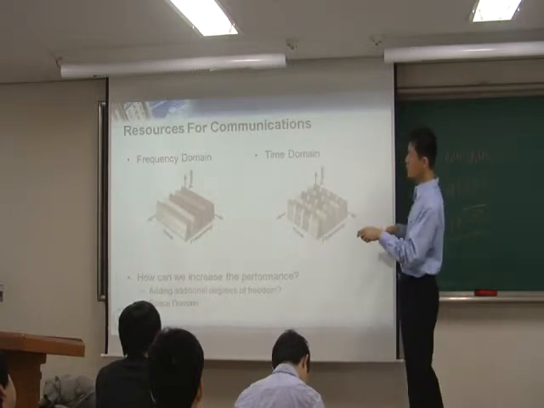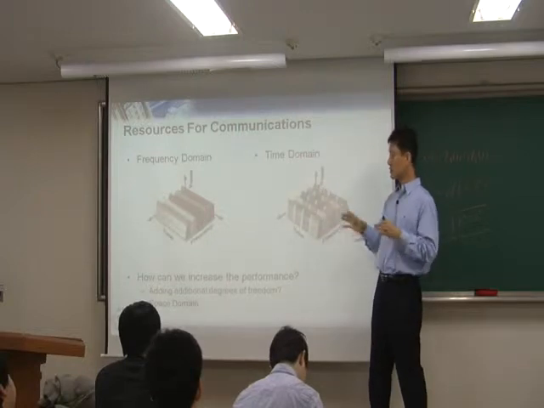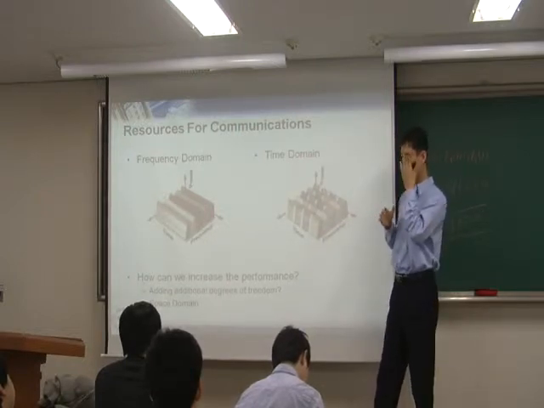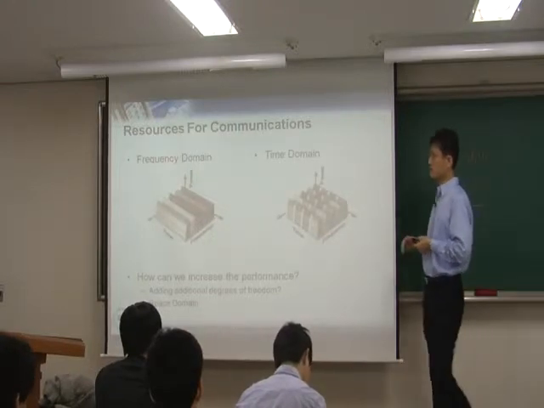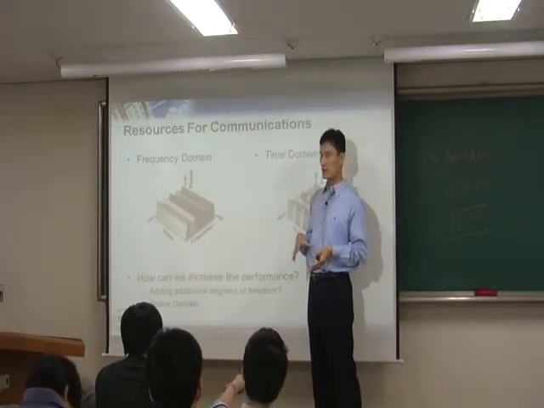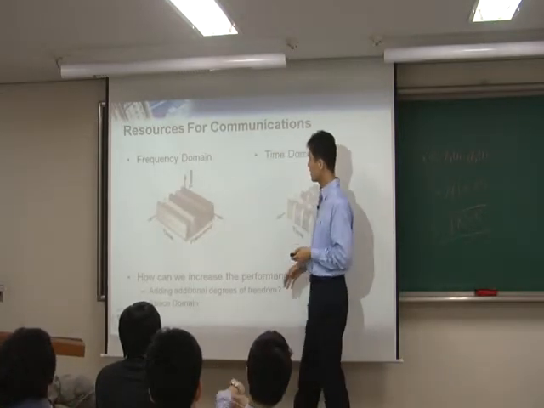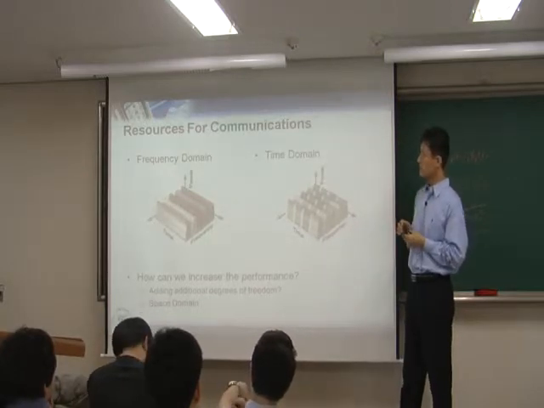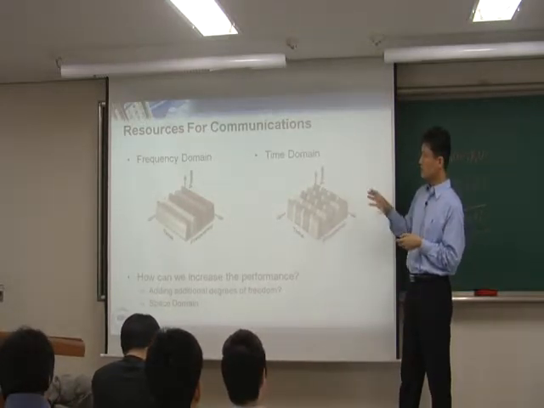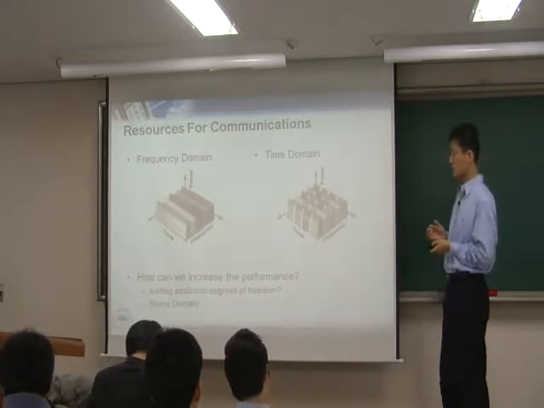Anyway, these are the resources, frequency or time, that you can use in order to increase the performance, right? Think about our traditional wireless systems. FDMA uses the frequency domain and TDMA uses the time domain. Those two basically use these resources in order to have more users, more resources, more throughput.